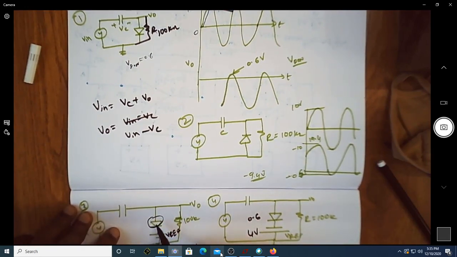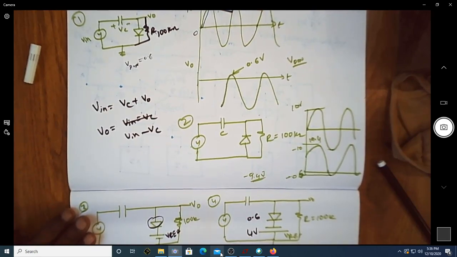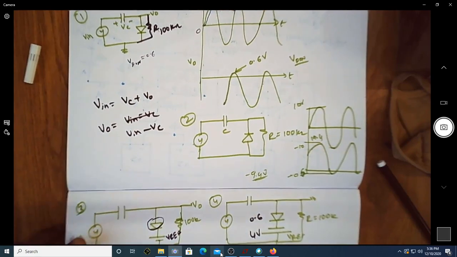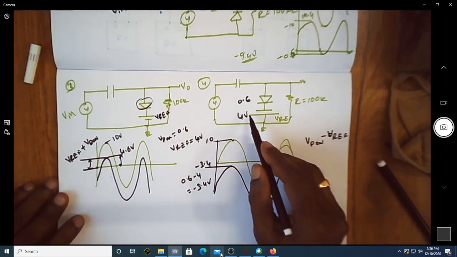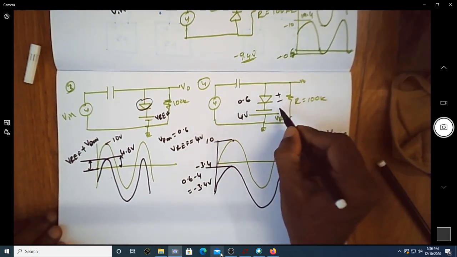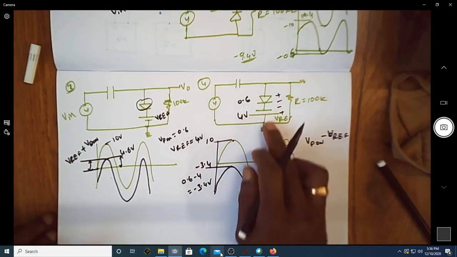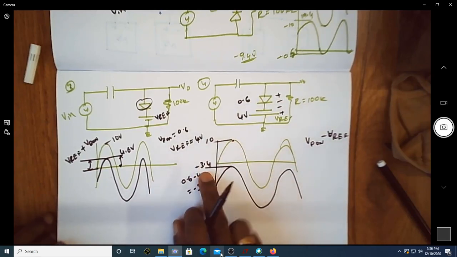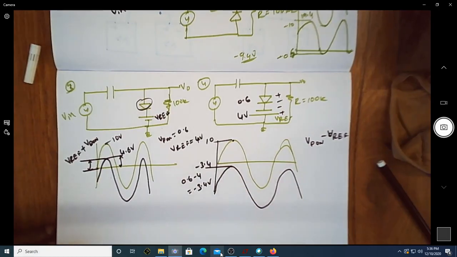So along with VD on, some voltage is added. If you assume that this is 4 volt, it is 4 plus 0.6, it will add up and you'll end up with 4.6 as the clamping voltage. Here it is the same 4 volt and 0.6. Since it is plus minus and minus plus, the algebraic sum happens to be minus 3.6, sorry, minus 3.4. That's why the positive peak is clamped to minus 3.4 volts.